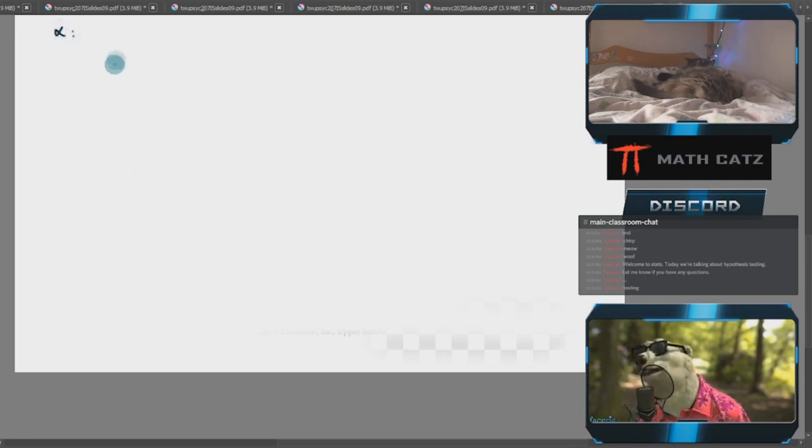Remember what alpha means. Alpha is the chance of, or the probability of, a type 1 error, right?